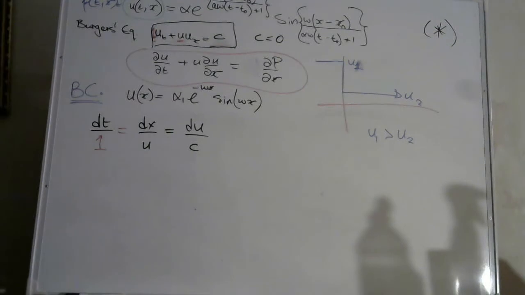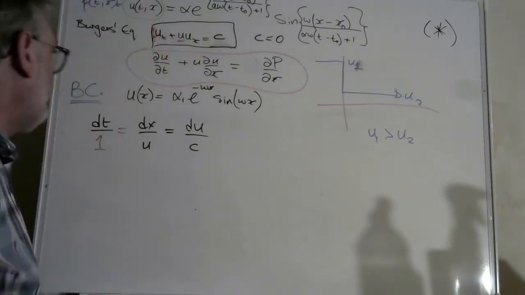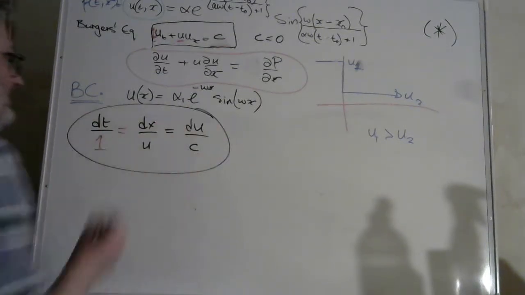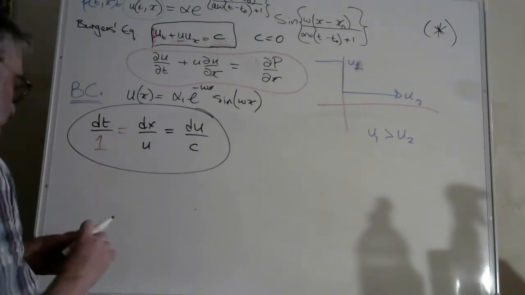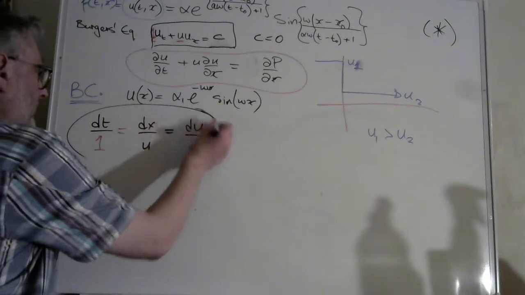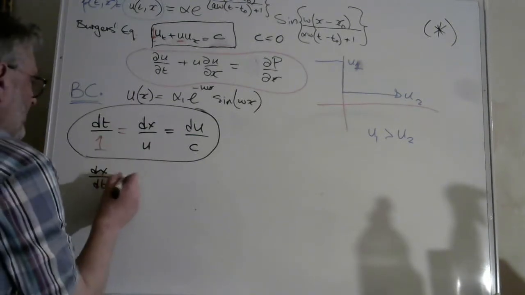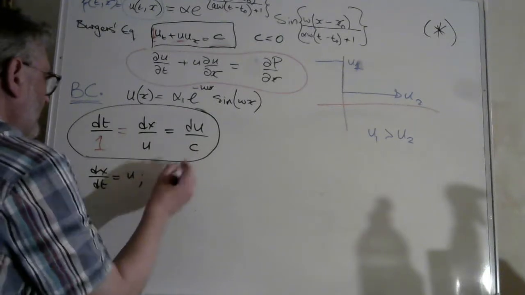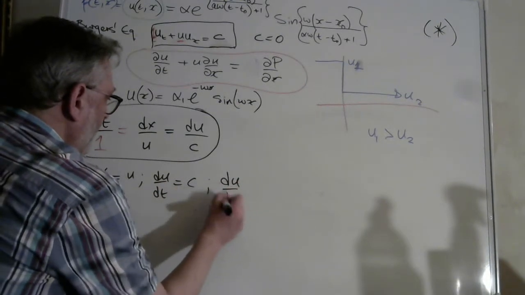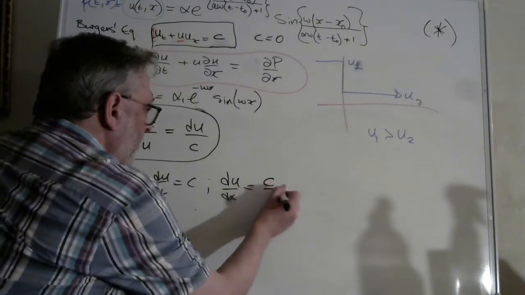Now, in my research, I explained how you can form three ordinary differential equations from this system here, and if I just rub that out so that I allow a little bit more board space, right, we have dx by dt, which is equal to u, we have du by dt, which is equal to c, and we have du by dx, which is equal to c upon u.